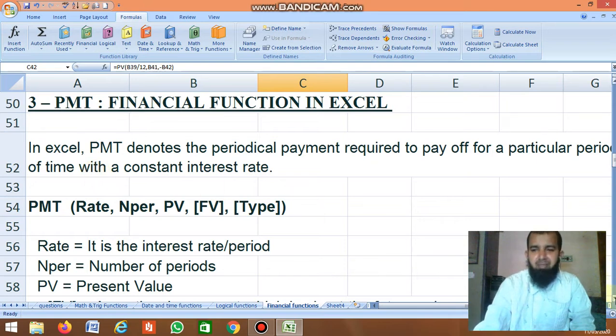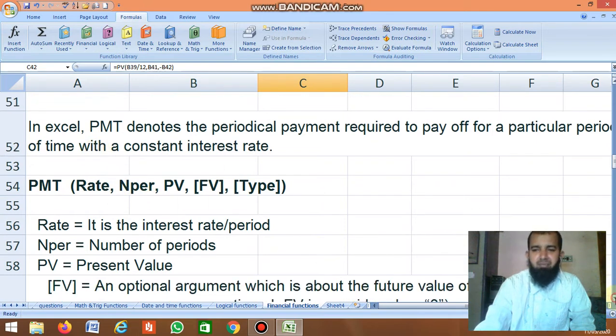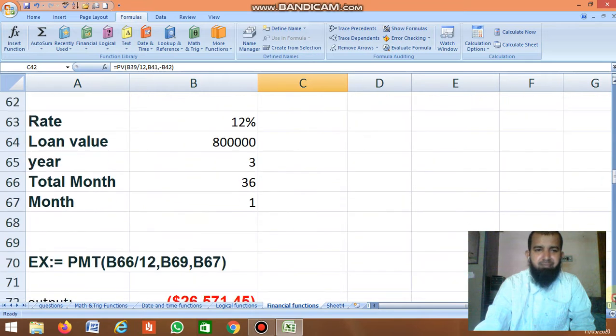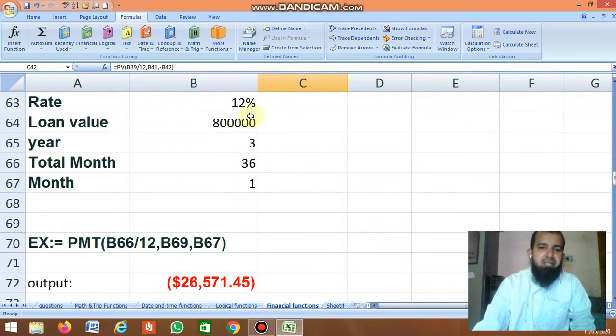Clear, no? The syntax. Take an example. Interest is 12%, loan value is 8 lakh, year 3 means total months is 3 into 12, 36. You want to know the first month amount.